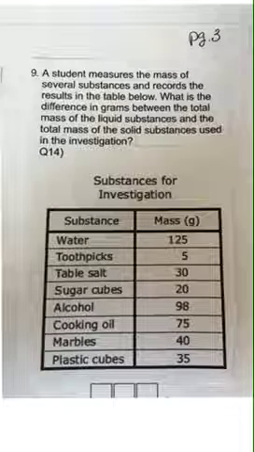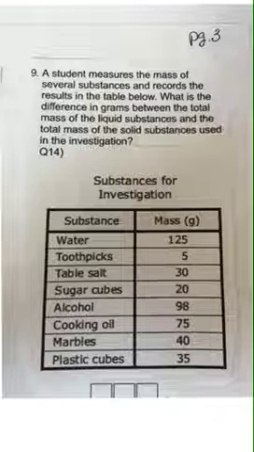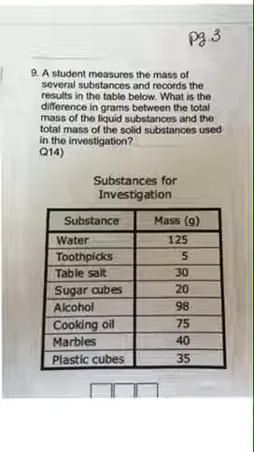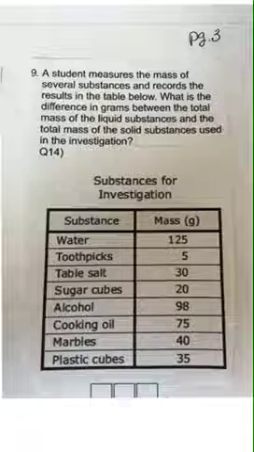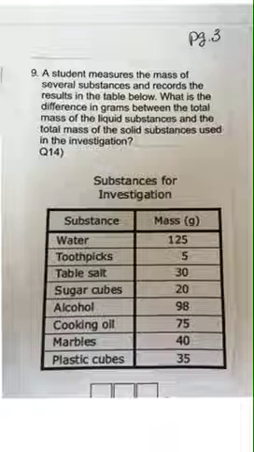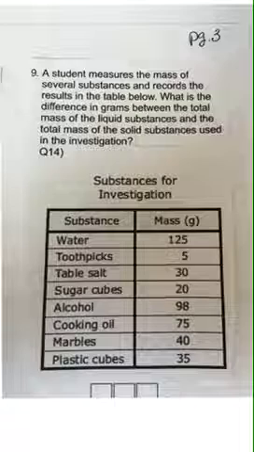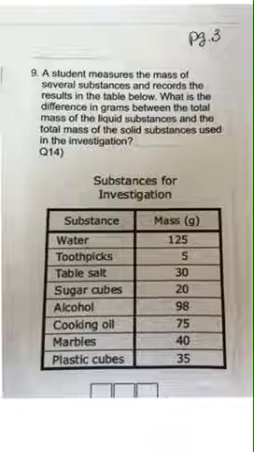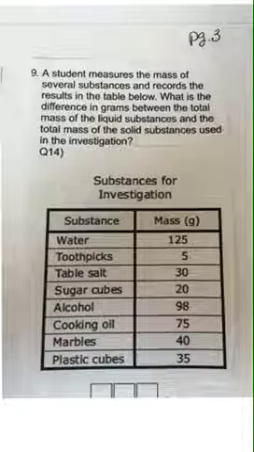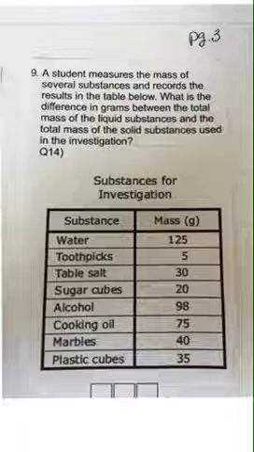Substances for investigation: water, 125 grams; toothpicks, 5 grams; table salt, 30 grams; sugar cubes, 20 grams; alcohol, 98 grams; cooking oil, 75 grams; marbles, 40 grams; plastic cubes, 35 grams.